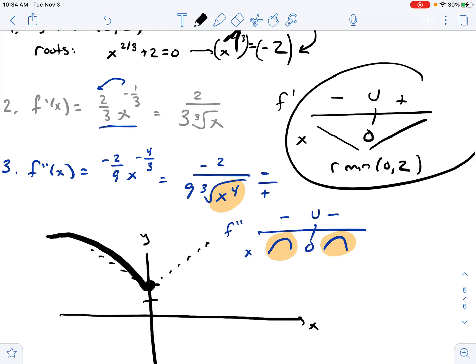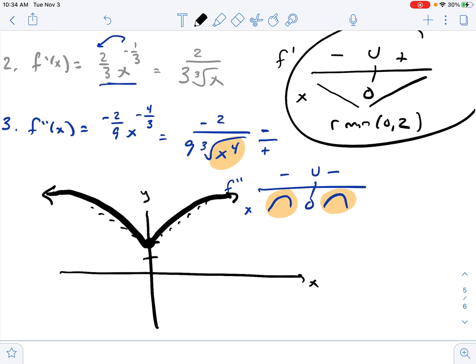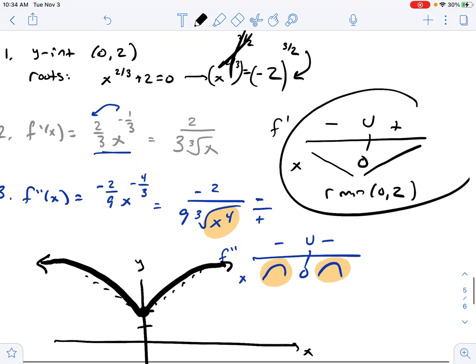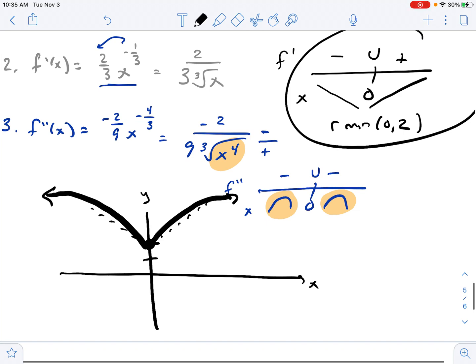So it's going to look something like this. We're going to be decreasing concave down like this, and then increasing concave down as well. And the graph would look something like this, kind of keep going up on both sides indefinitely. Okay. And there you have it, folks.